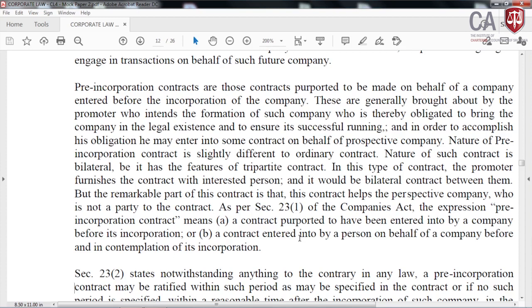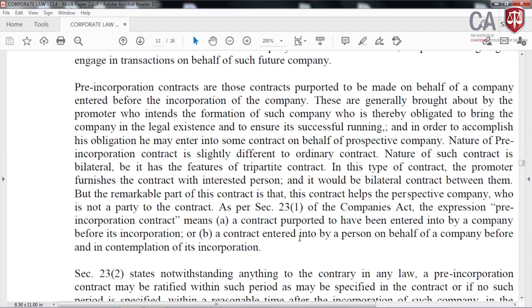But the remarkable part of this contract is that it helps the prospective company, which is not a party to the contract, whereas the promoter is entering on behalf of that prospective company.